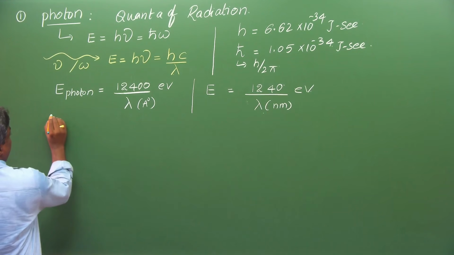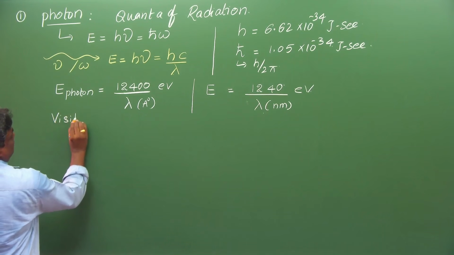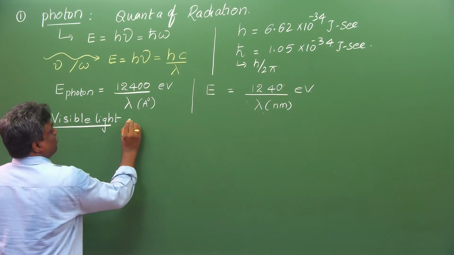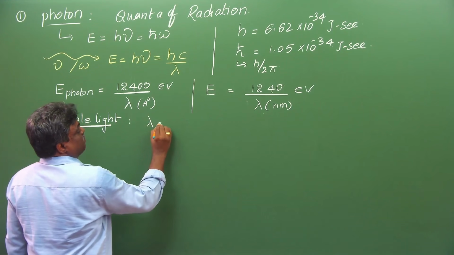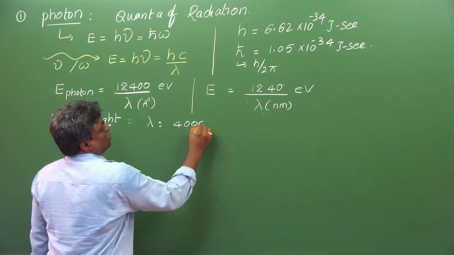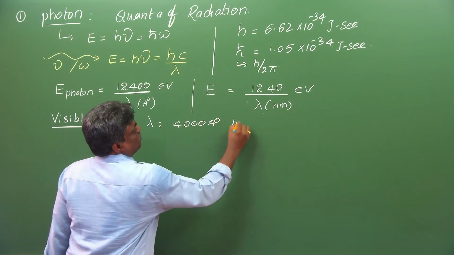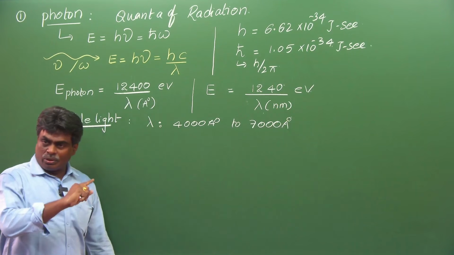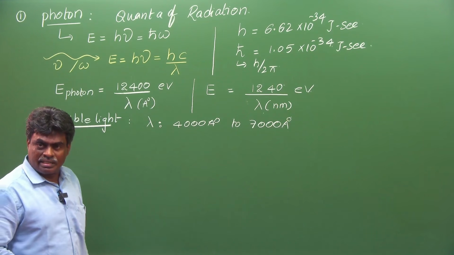Now let us take visible light as a small example. The visible light wavelength range is from where to where? Nearly 4,000 angstroms to 7,000 angstroms. That is the range.